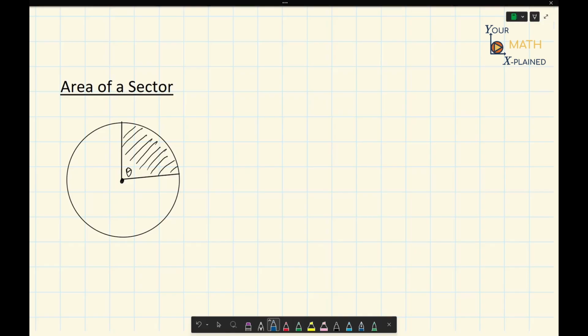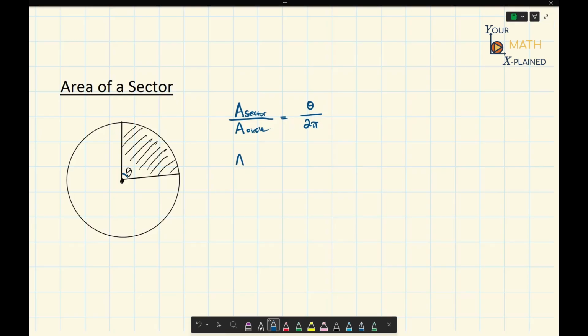So if the sector has an angle theta, this means that proportionally, the area of our sector over the area of the entire circle is going to be theta over 2 pi.